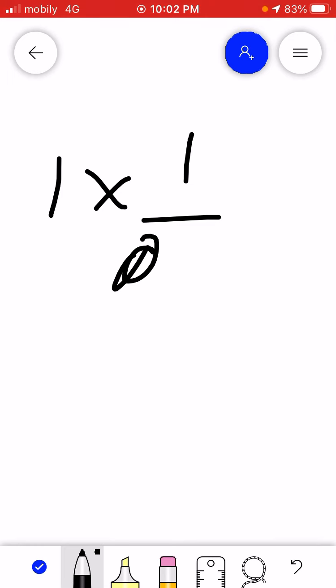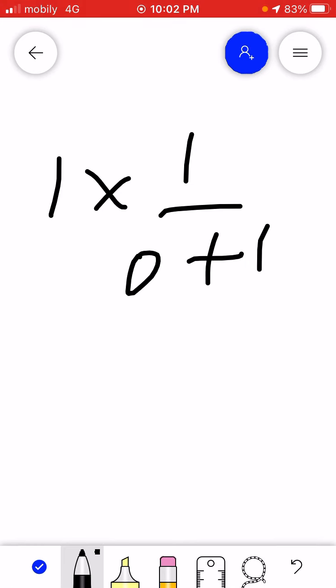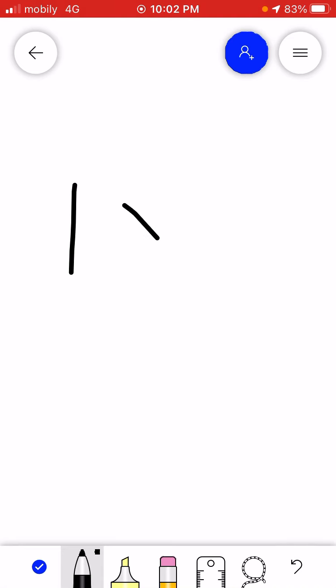We know that anything to the power of 0 is equivalent to 1. How do we determine that? Well, it's basically 1 times 1 over 0 plus 1 times x to the 0 plus 1. So using that, we know that's basically 1x.